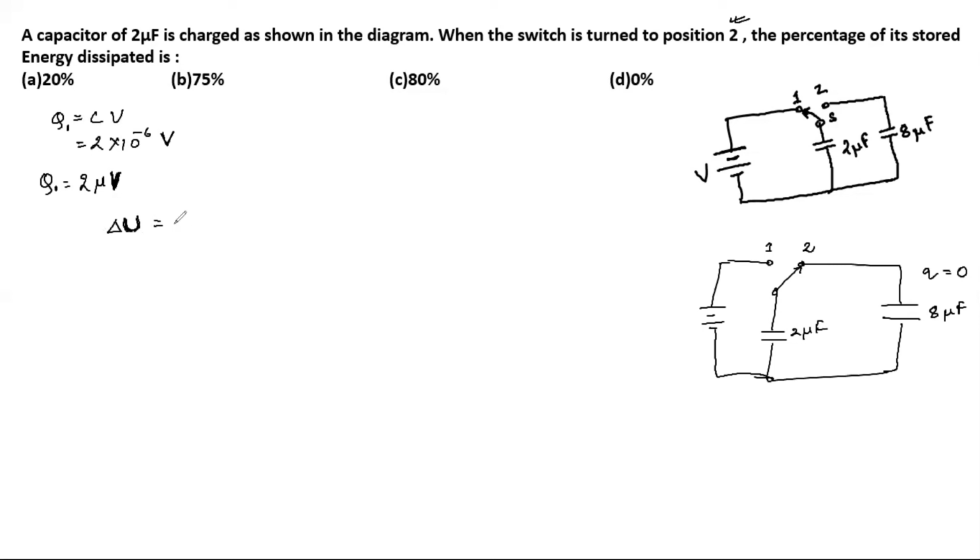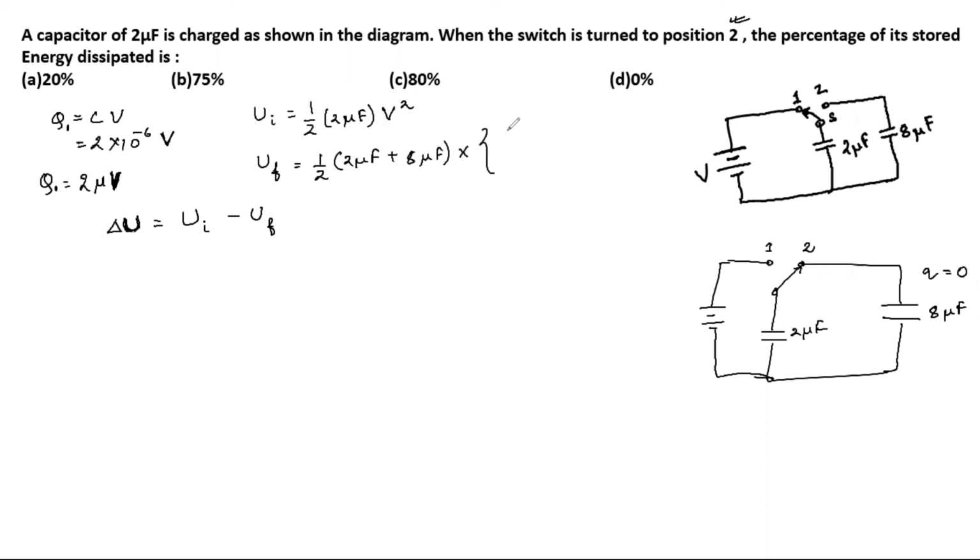Alright. So this change in energy stored is nothing but U initial minus U final. Remember, initial energy is half CV square, so it is half of 2 microfarad V square. This is my initial energy. And our final energy is half of 2 microfarad plus 8 microfarad multiplied by the common potential squared.